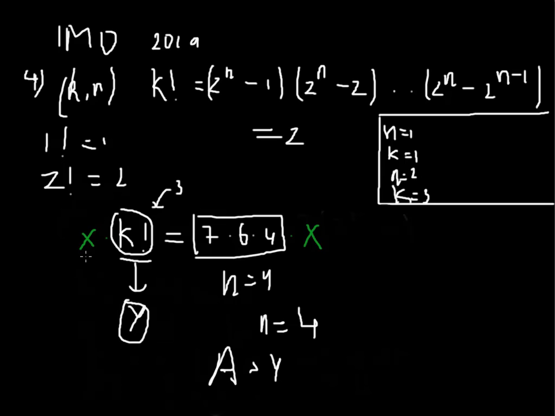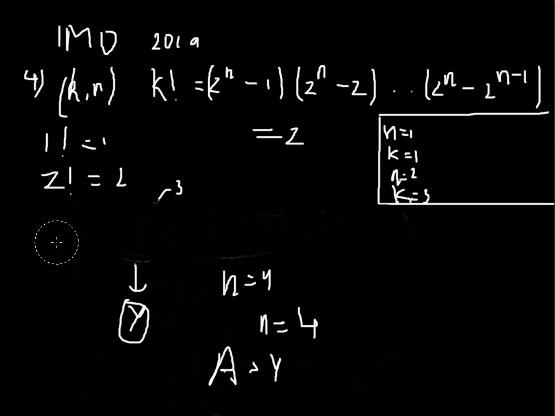So if I multiply by x again on the same side, I would never get k as an appropriate value. It does not exist. So if I prove that when n equals 4 the product 7, 6, 4 is contained, then I could say that k is not a fixed value for values of n other than 1 and 2. So I've just got to prove that.